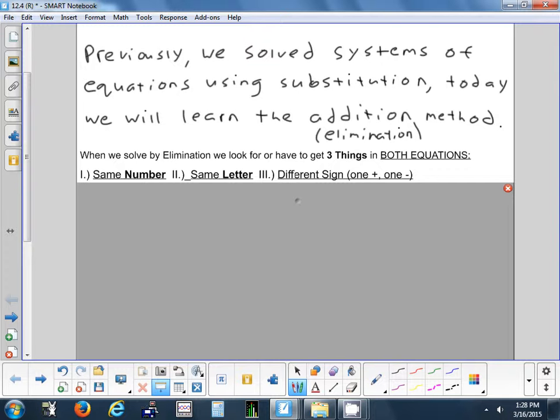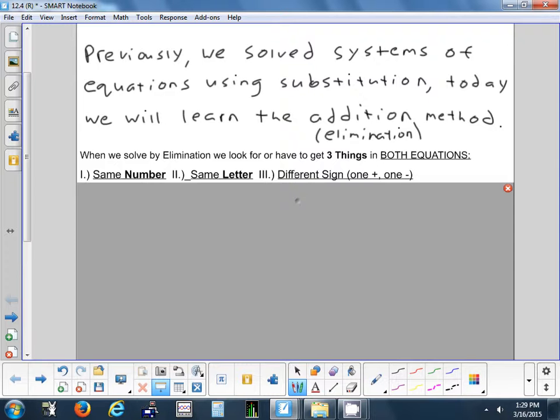First, in both equations, one of the terms has to have the same number. The same number. That gets into the second thing.